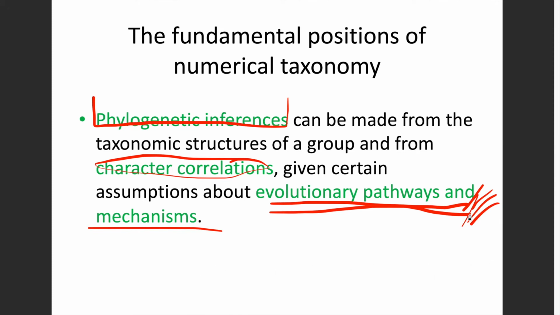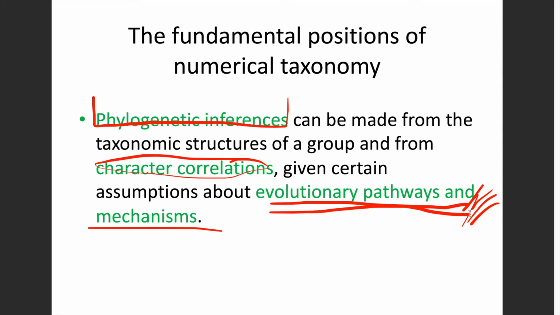It does not involve itself with the previously known processes of evolution. It does not input that in the data. It does not concern itself with the different evolutionary relationship of organisms. What it does is that it looks at your data itself.